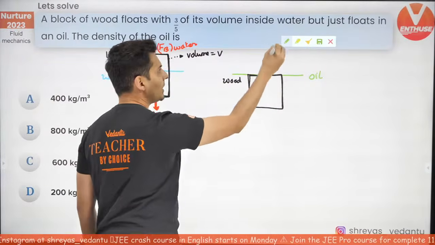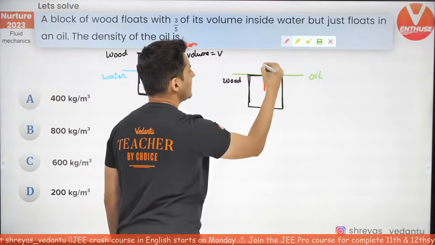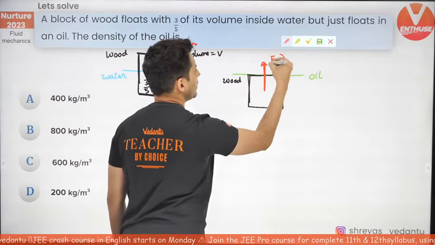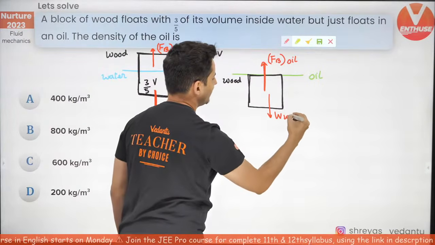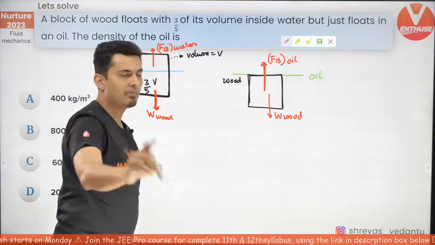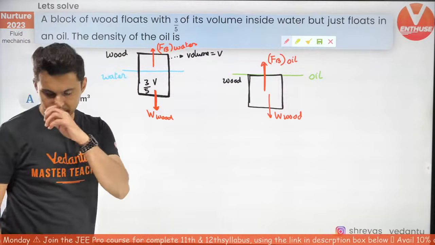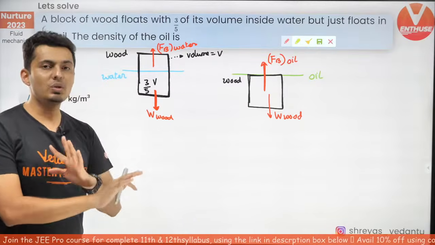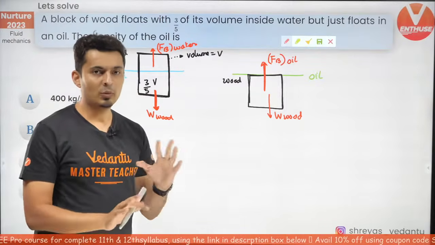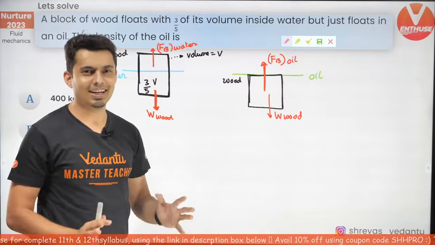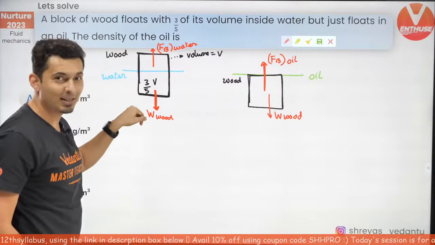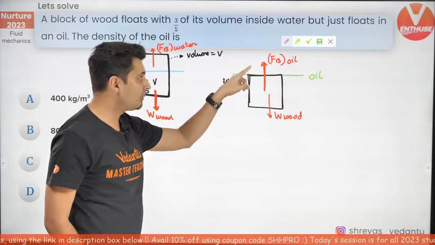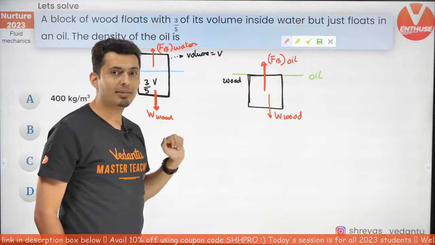And if it is floating, obviously the new buoyant force because of that oil should be balanced by the weight of the wood. Make sense? It is at rest. Now, just use Newton's laws. That's the most important chapter. It comes again and again. So in the first scenario, the buoyant force is balanced by the weight of the wood. In the second scenario, the buoyant force is again balanced by the weight of the wood.